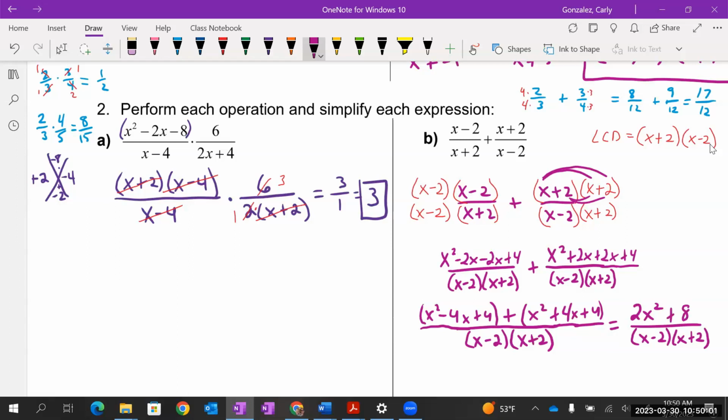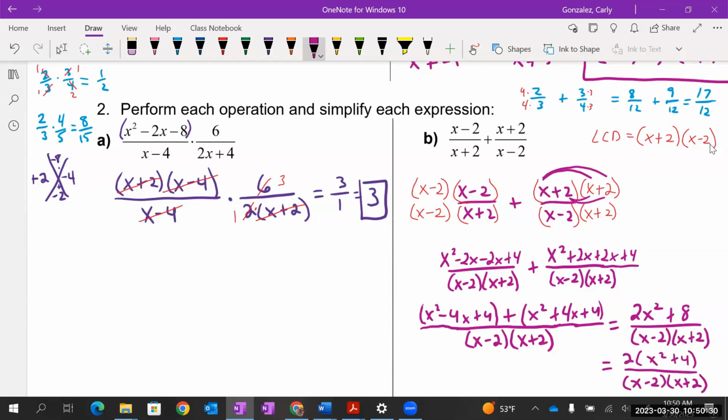Now, it's always good to check that you can't simplify any further, especially when we're doing adding and subtracting. So what we'll go ahead and do is we'll try and factor that numerator. So 2x squared plus 8 does have a GCF of 2, and we get x squared plus 4. And then the denominator stays the same.